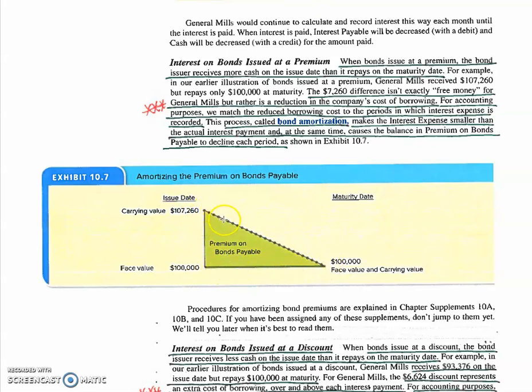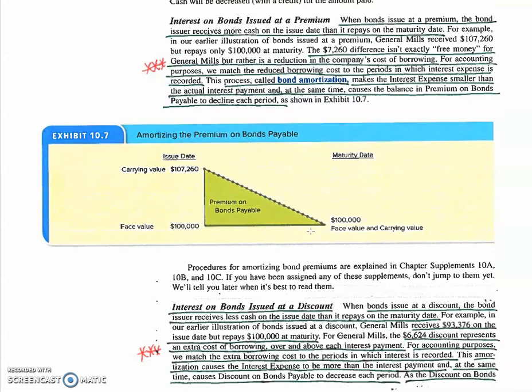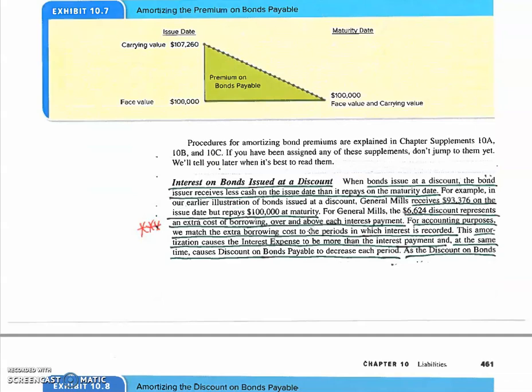So we're amortizing this bond premium here, and that's reducing interest expense, because we have to get the carrying amount down to the face amount at the maturity of the bonds, because that's what's going to be paid back. And so the amortization of the premium is going to reduce interest expense below the cash paid as interest payments.